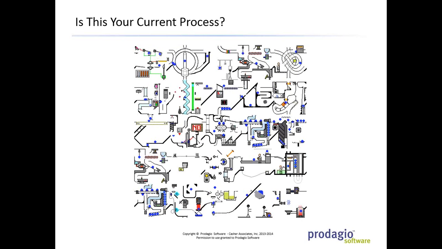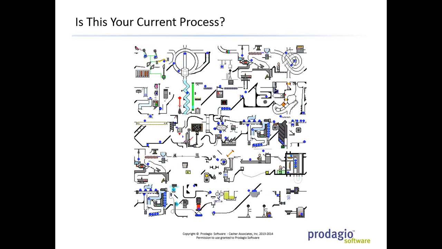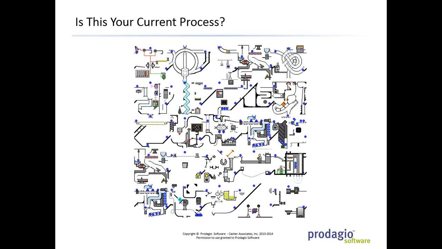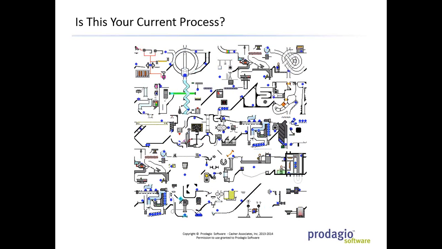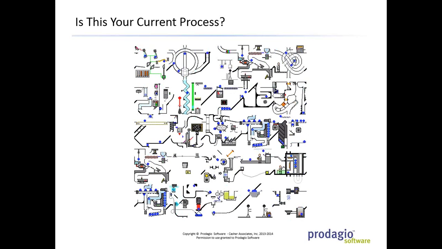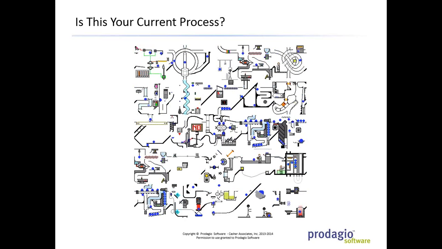And many people who've seen this in other presentations I've done said, you know, that's a pretty accurate representation of what our process looks like, or at least what it looks like to people outside of our department. If this is what your process looks like, you want to make sure that you can make some changes so that it can look cleaner and better.